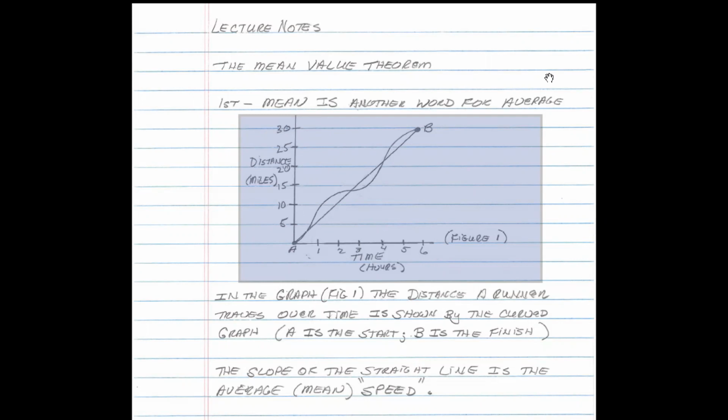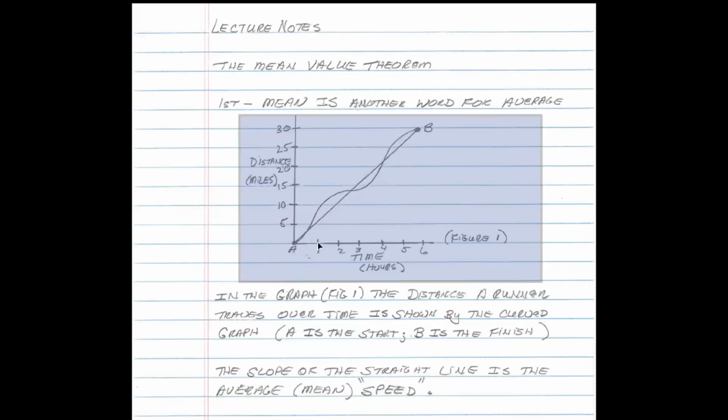Now, you may have looked at a lesson like this earlier where you studied the difference between average velocity and instantaneous velocity. And this parallels that particular lesson. So this curved line represents the distance the runner has gone at the end of each time period.